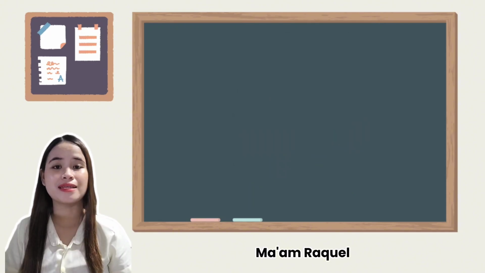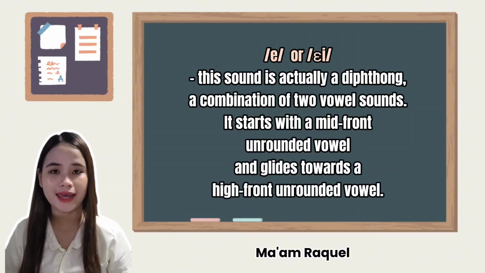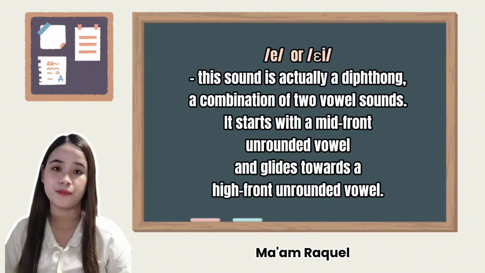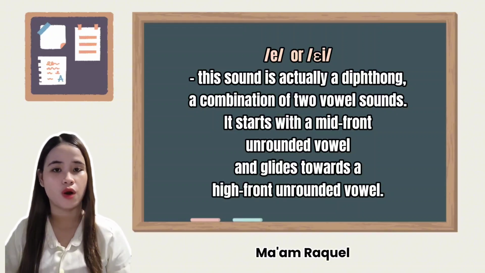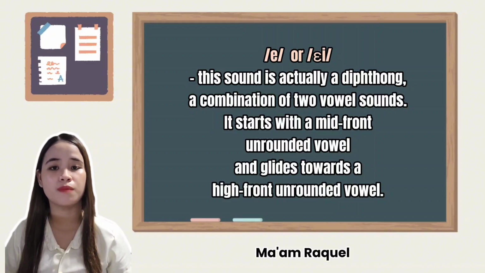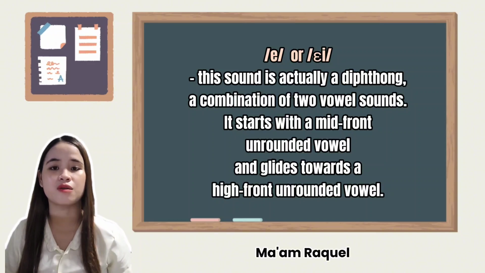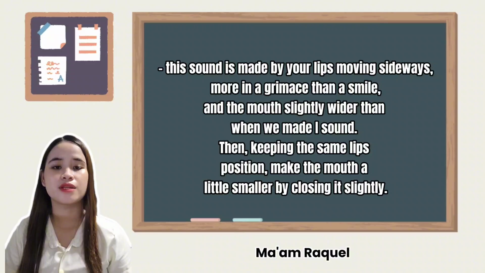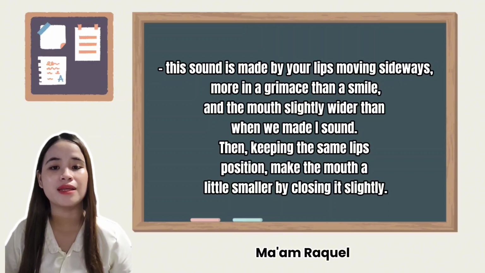The third one is eɪ. Repeat after me. eɪ. Again. Very good. This sound is actually a diphthong, a combination of 2 vowel sounds. It starts with a mid-front unrounded vowel and glides toward a high-front unrounded vowel. This sound is made by your lips moving sideways, and the mouth slightly wider than when we made ɛ sound.